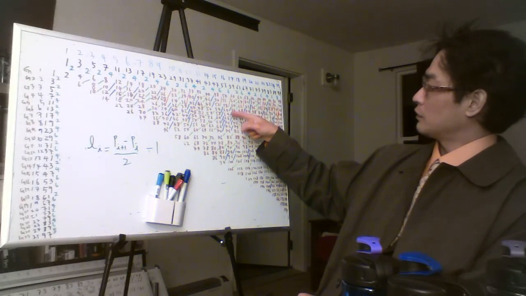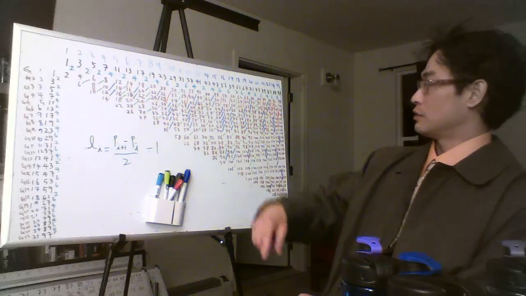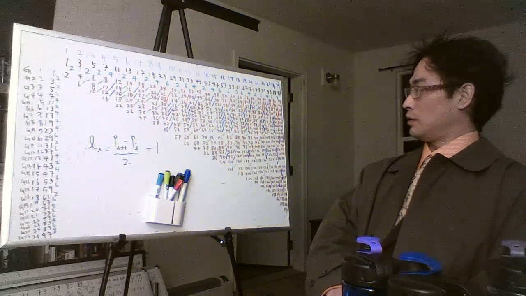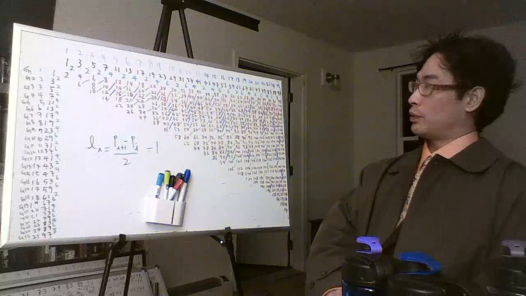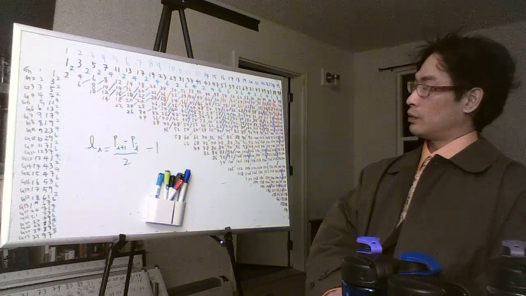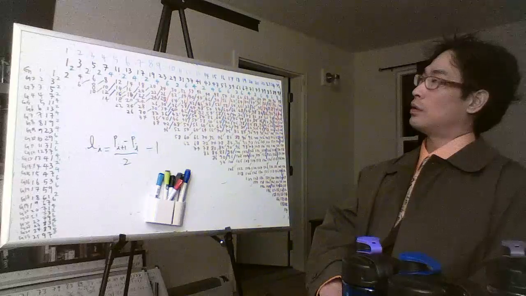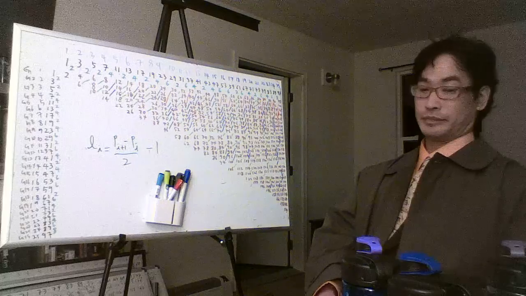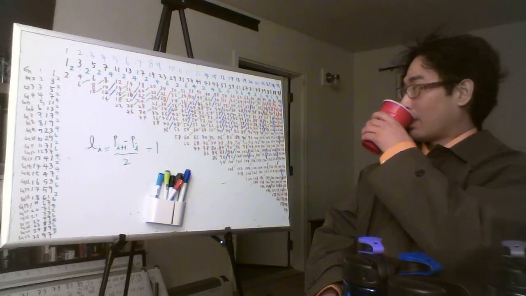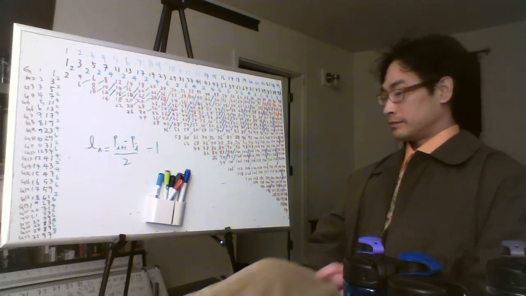You have 64, 64, 64, 64, then you skip one column and 64 again, and then it disappears. How interesting.